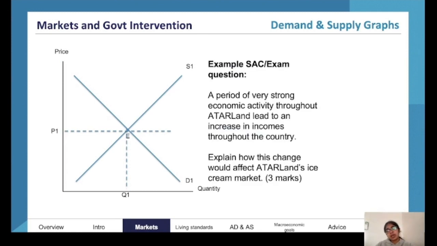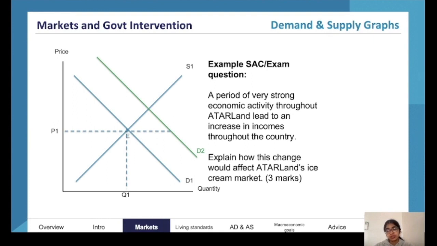So this is an example of a SAC or exam question. Let's say there's strong economic activity, and that results in more income. Remember, more incomes means that more people are able to afford ice cream.